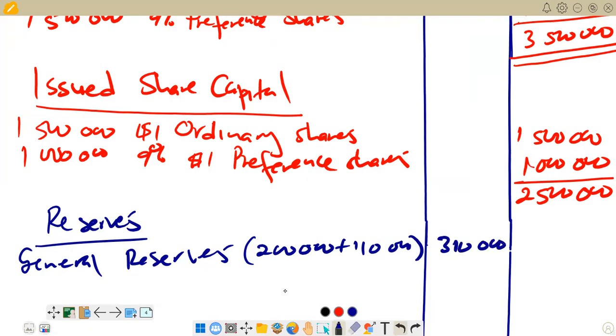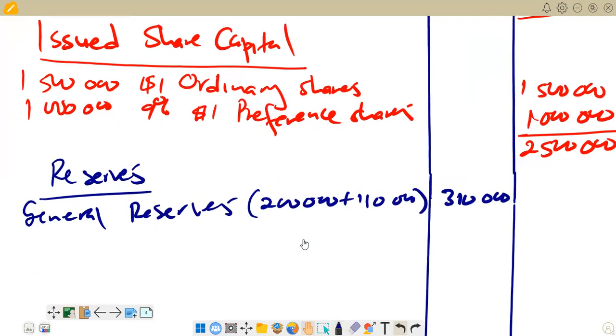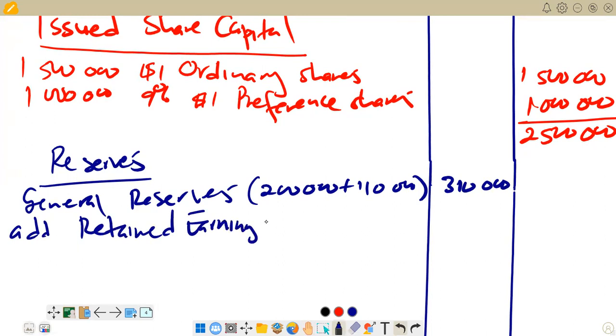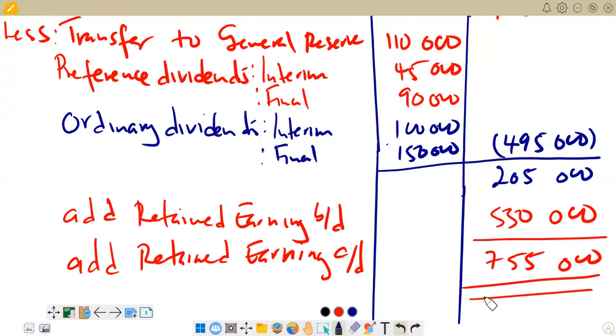310,000. Then we also have the balance for retained earnings that we calculated in the appropriation. So we are also going to add here retained earnings balance. Right, we check the change in balance that we calculated. This is the change in balance, which is 755,000.